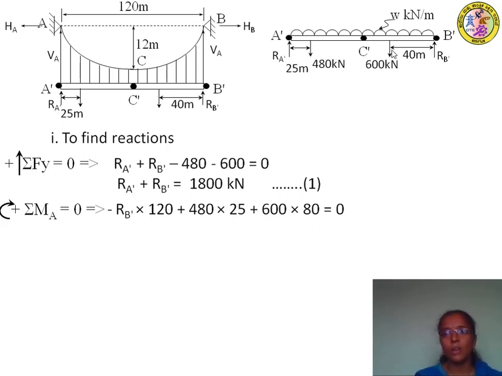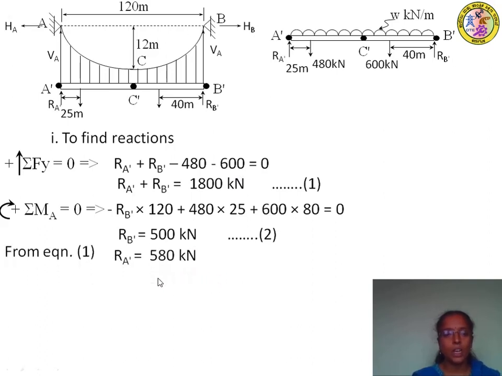If this is 40 meter, then the remaining length is 120 minus 40, that is 80 meters. So therefore 600 into 80. If you simplify it, we get RB dash as 500 kilonewton. Substituting back into equation 1, we get the value of RA dash as 580 kilonewton.